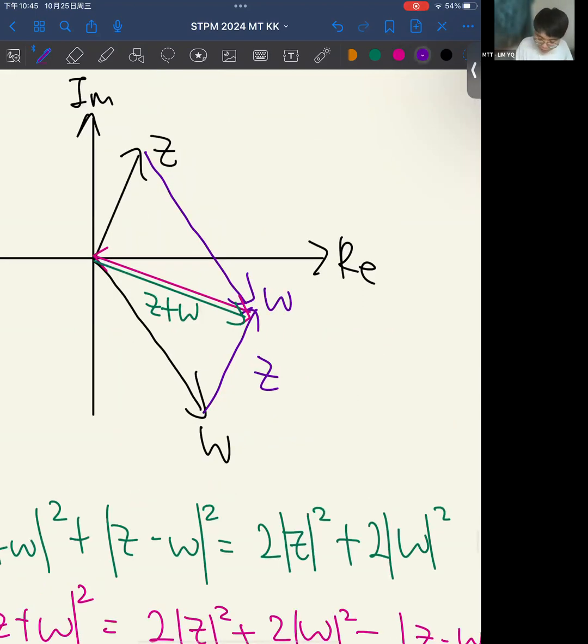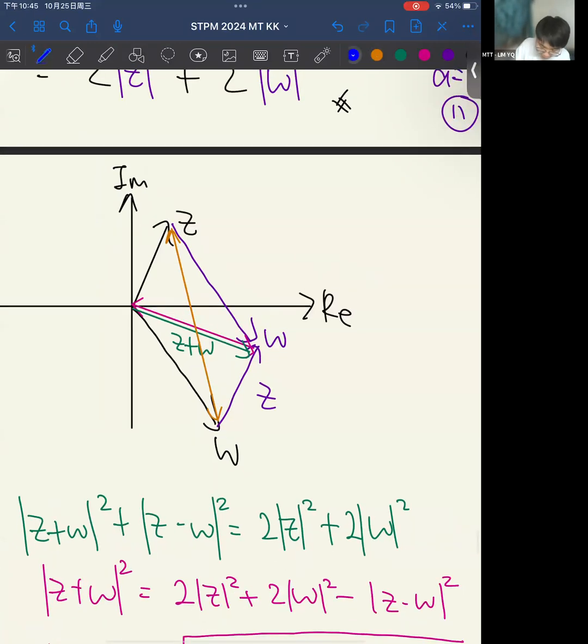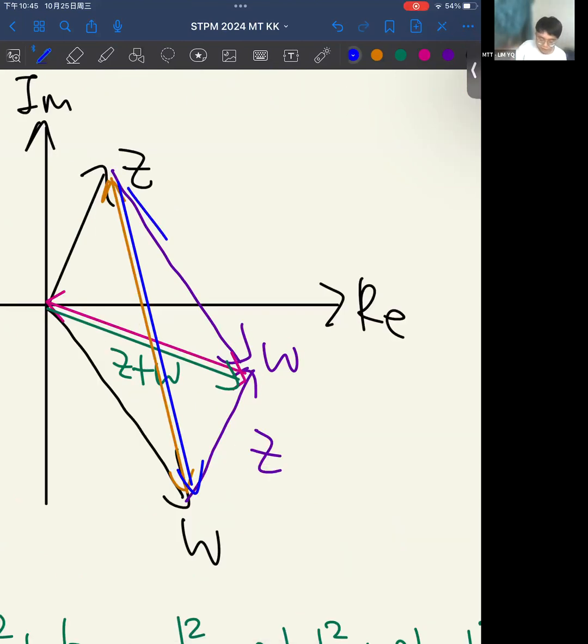The other one is this. Here is another diagonal. You have two diagonals. This diagonal, what is the vector? From here, you want to go to here. Here is W, and then here is Z. It is not Z, but it is negative of Z, right?